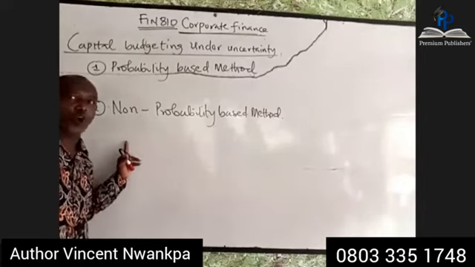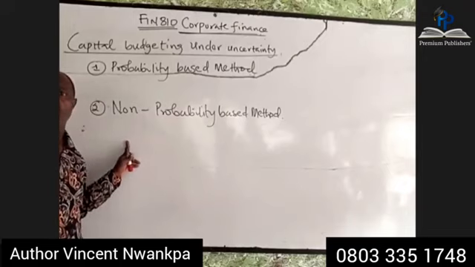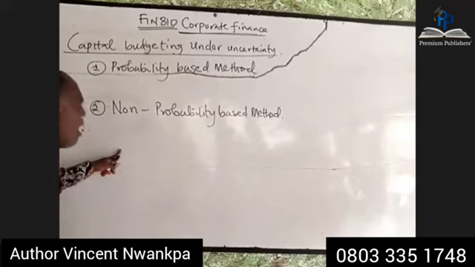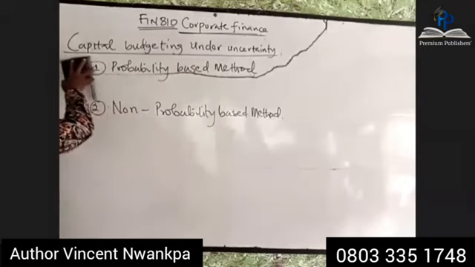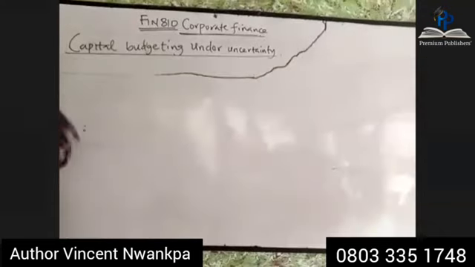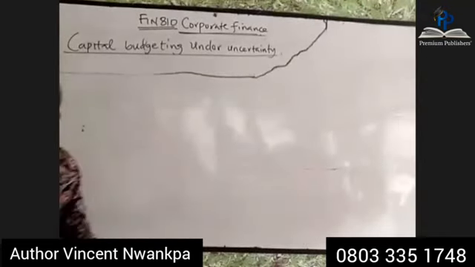Under this same method, we also have what we call sensitivity analysis. As we progress, we'll talk more about them. We'll still take them one by one. But the main one that I just mentioned is probability-based.